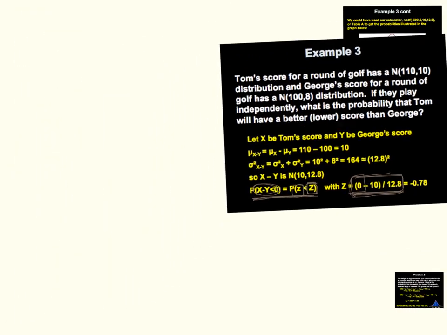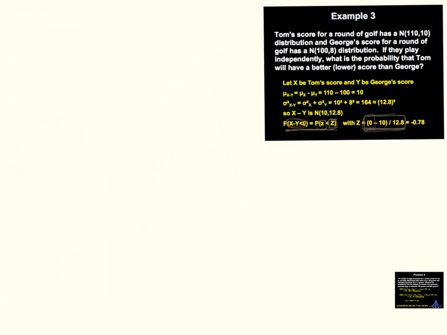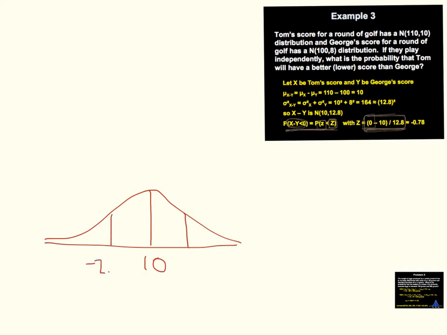Can I maybe draw a picture of this? Would that help a little bit? Let's do this real quick. So we have a normal distribution, where this is the mean difference in their scores. This is 10. There's a standard deviation of 12.8, and I want to know where 0 is. So right here is negative 2.8, one standard deviation, and then 22.8 over here.